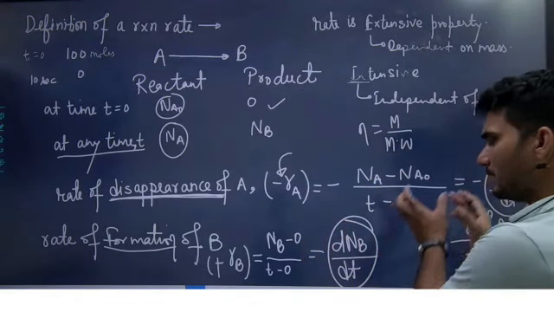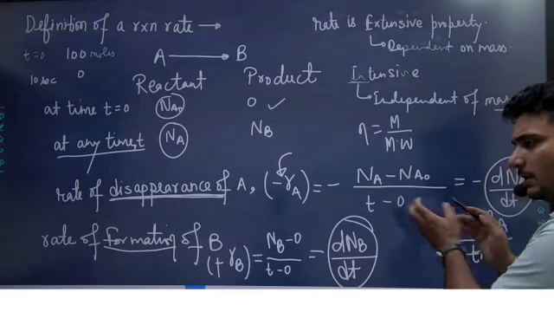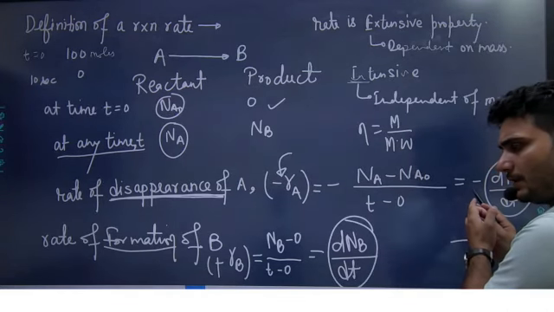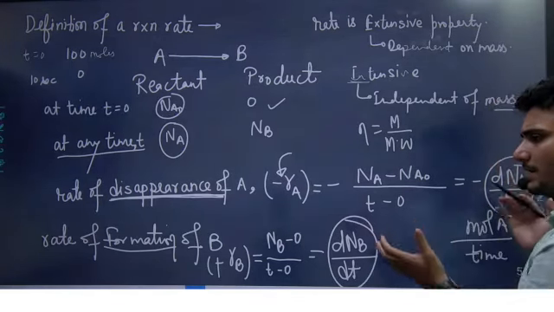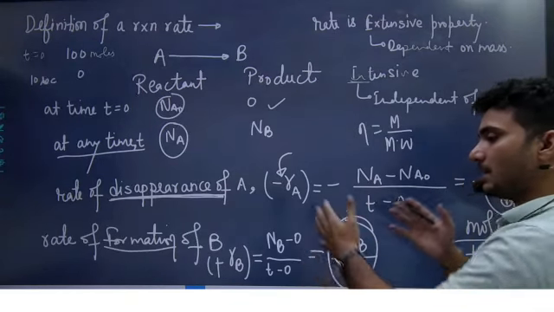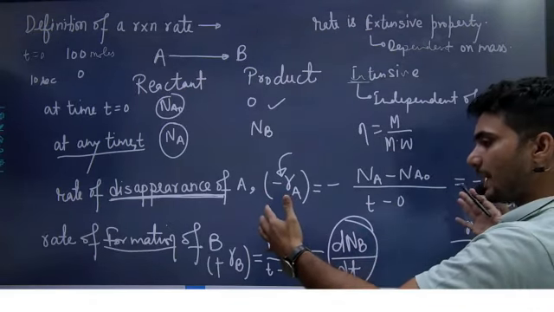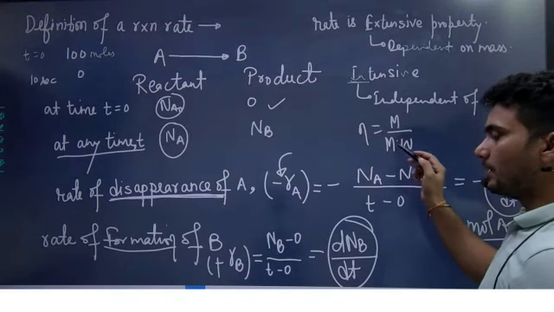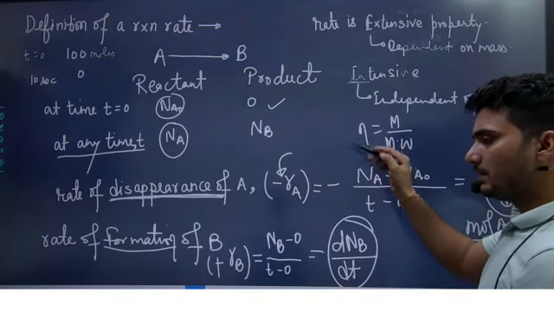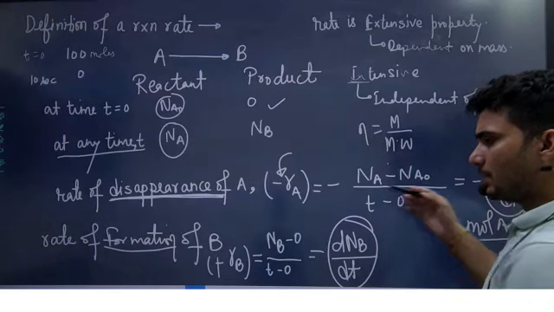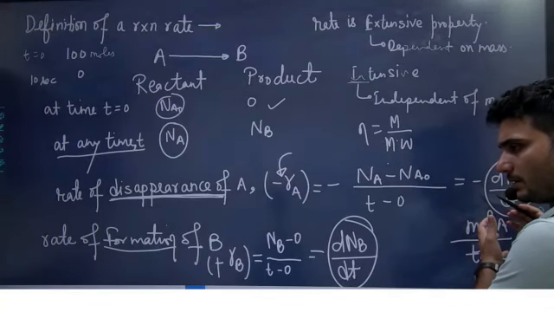It means that the rate was depending on the amount of the feed. If I am taking a large mass, then mass divided by molecular weight, the moles will be different. So in this case, the rate will be different.